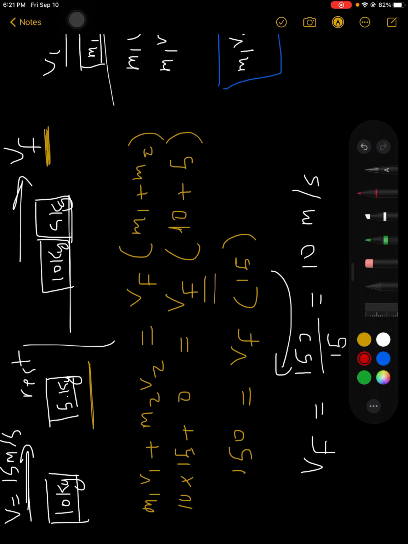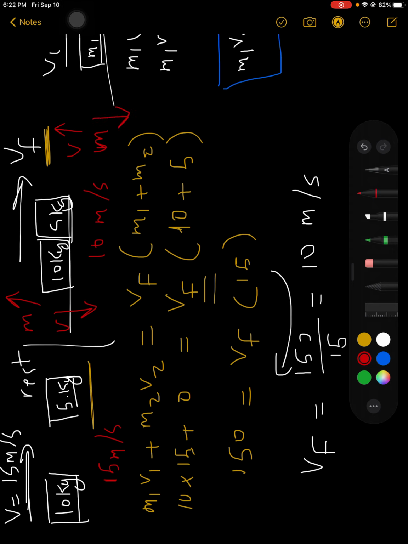Now, as you see, before the collision the velocity was 15 meters per second. After the collision, the velocity is 10 meters per second. As you know, with conserved momentum, when the mass is increased, the velocity is decreased, and when the velocity is increased, the mass is decreased.